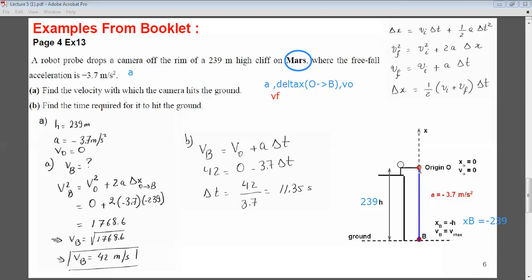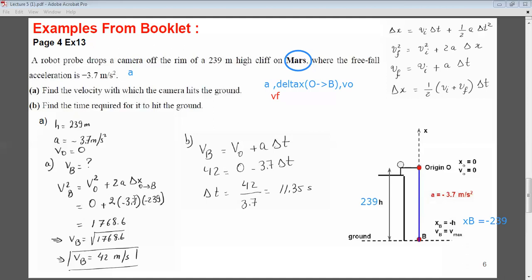He just dropped it. So if he dropped it, it means VO equal to 0. Plus 2 times minus 3.7, this is the acceleration, times minus 239. You have to pay attention that it's in the opposite direction of the x-axis. So it's minus.